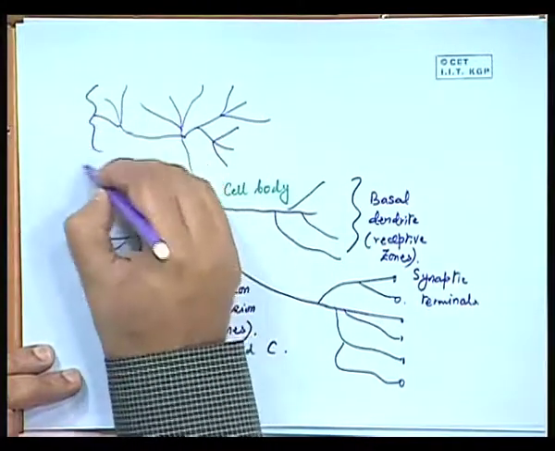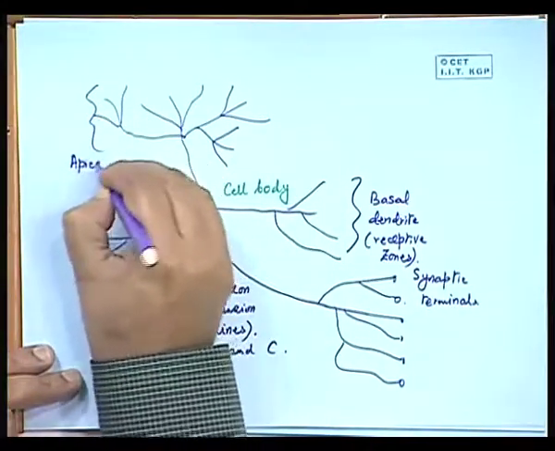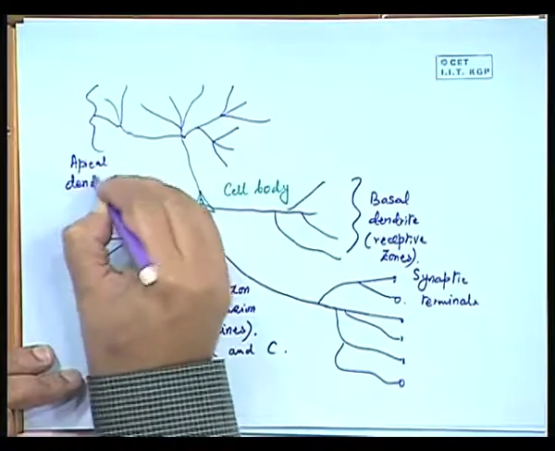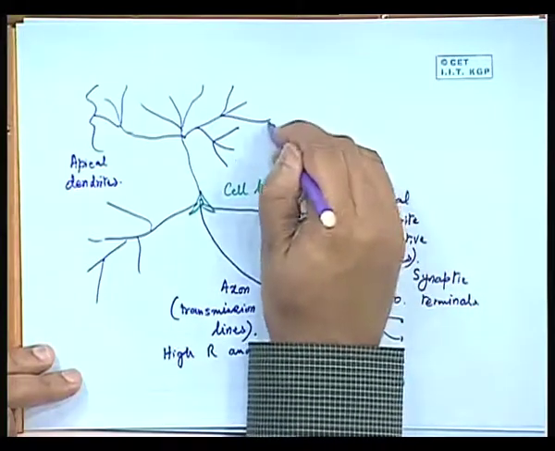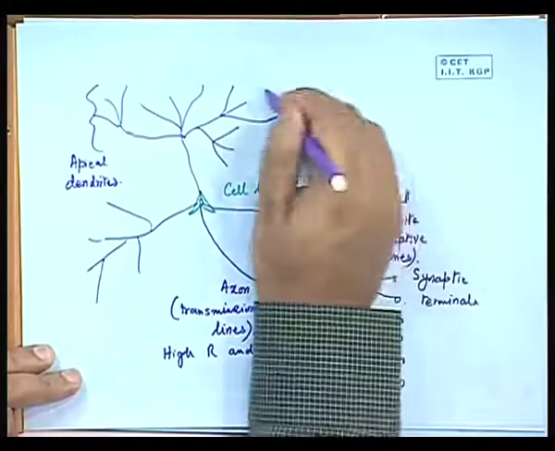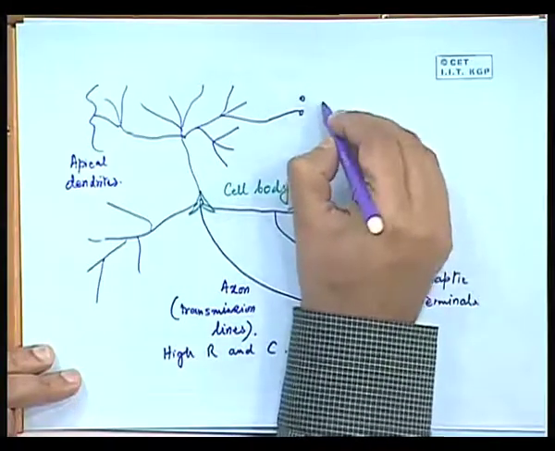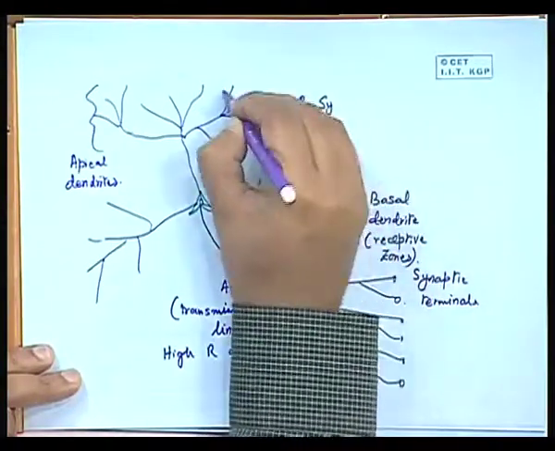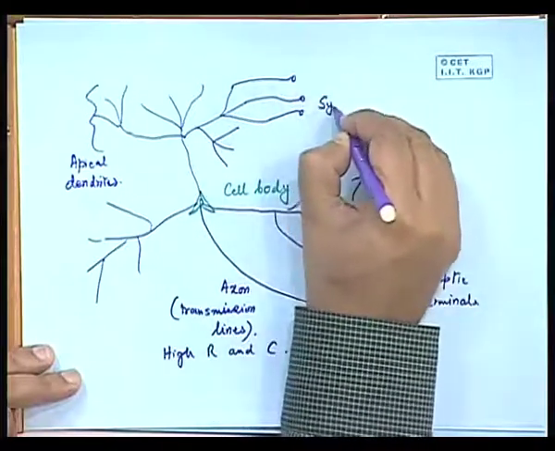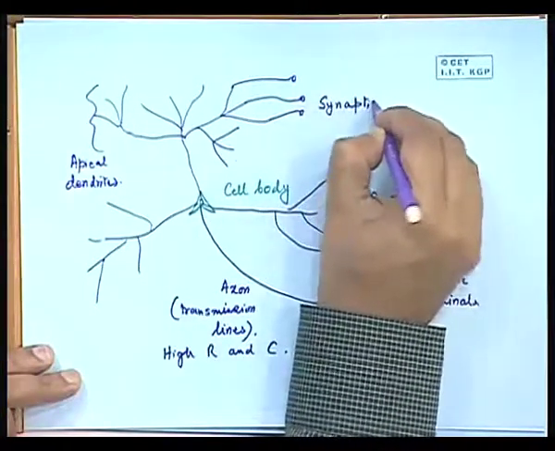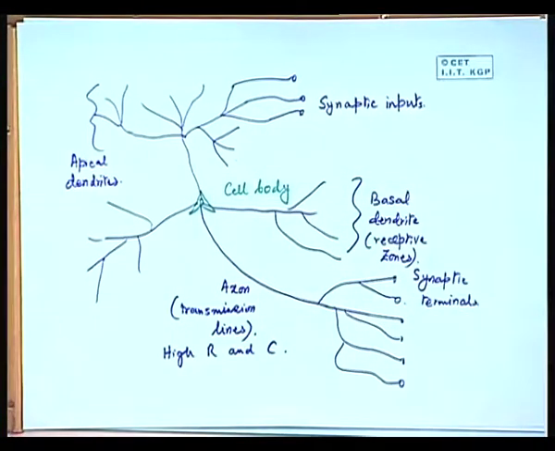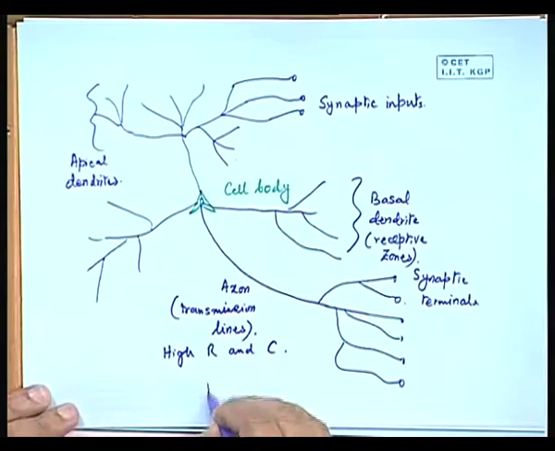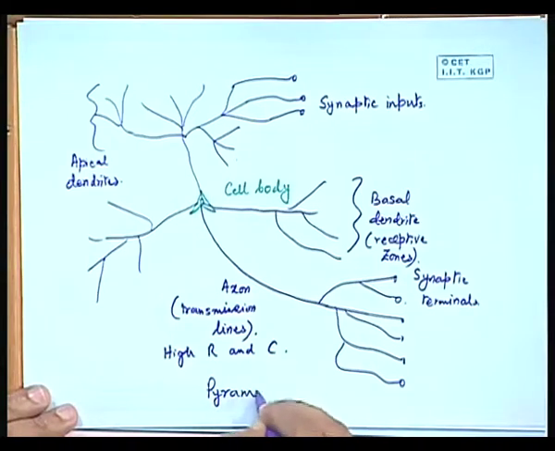So, these are the apical dendrites, and this ultimately would be connected to the synaptic inputs. So, these are all going to synaptic inputs, so that it can receive signals from the other neurons. So, you see that this is the complete pyramidal cell.